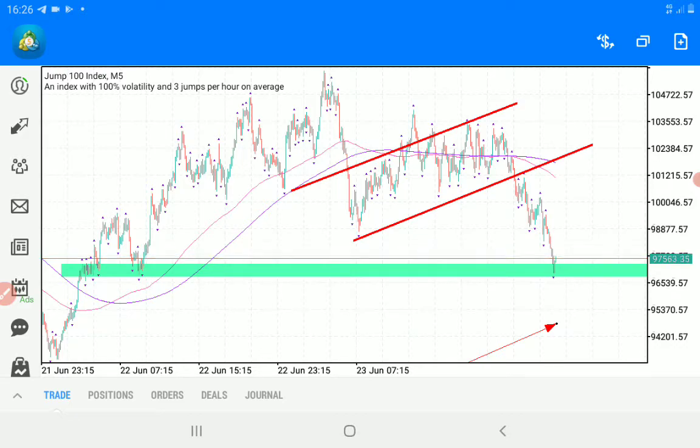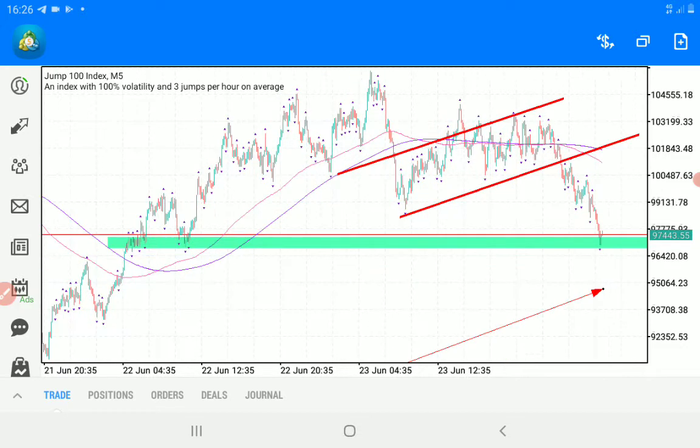So the best time frames to look at when you are trading Jump 100, it's actually all the time frames, but the best time frames to look at are the 4 hour time frame, 1 hour, and then you can add your 30 minutes and your 5 minutes and all that.